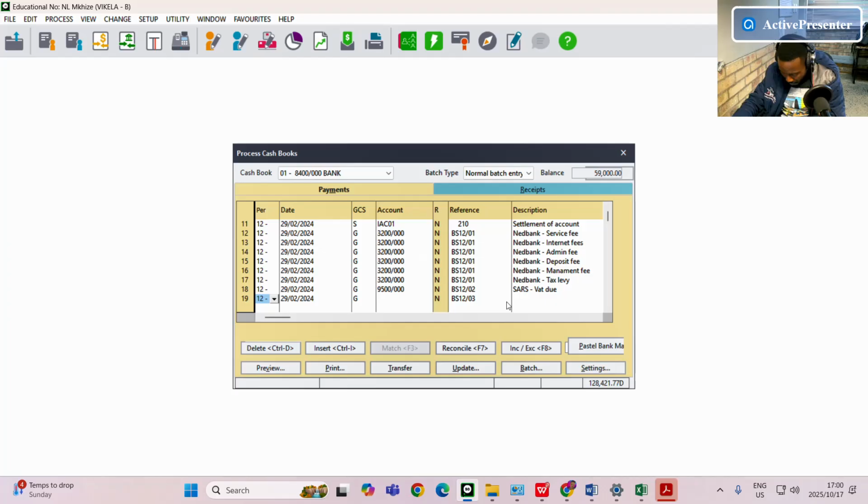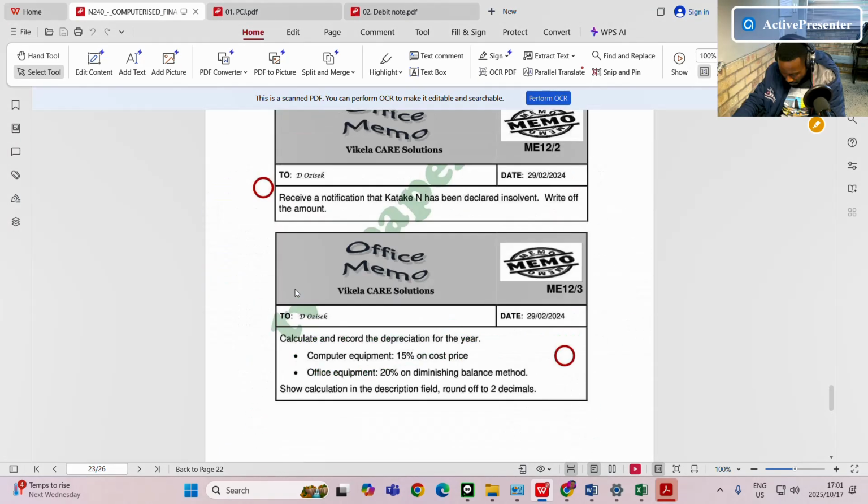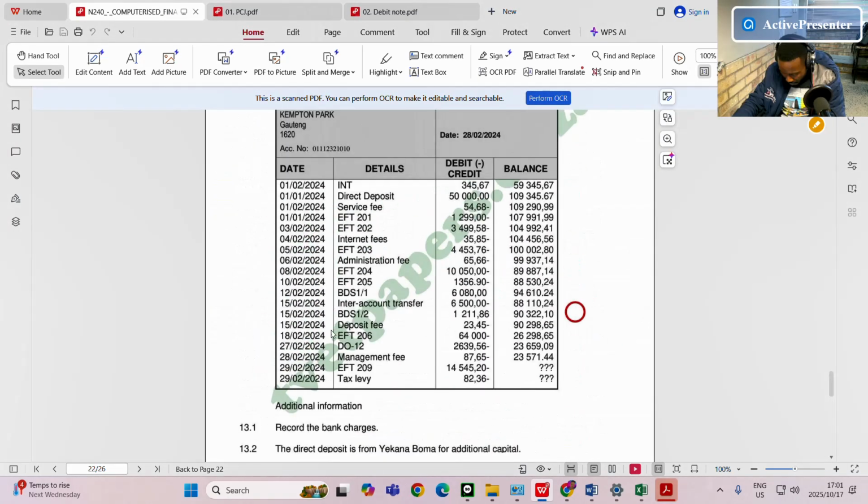And then it says DO 12 is a debit order in favor of Kempton Park Municipality for July electricity and water. So that's a payment. Here is the payment, for 2,600.